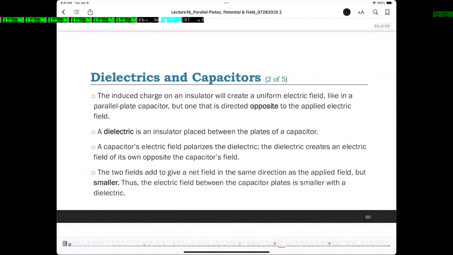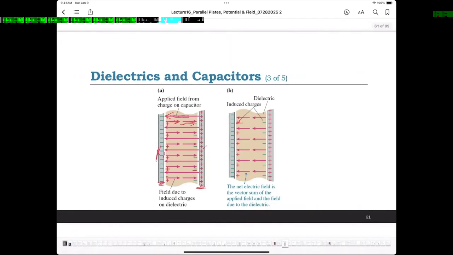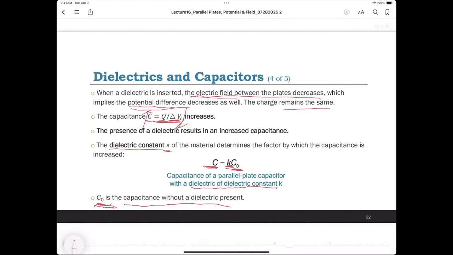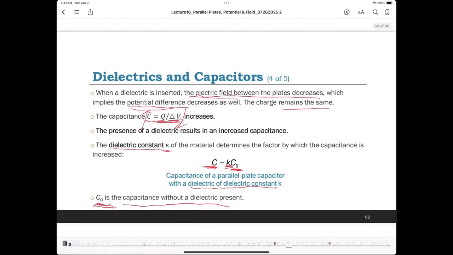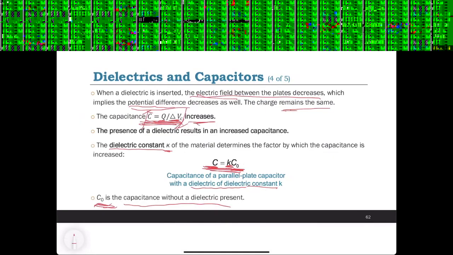This field will decrease the original electric field, and then the net electric field and the potential difference decrease. The charge remains the same, so the capacitance increases. That's the theory behind that. And this is the equation for the new capacitance based on the original one. That makes sense to you.